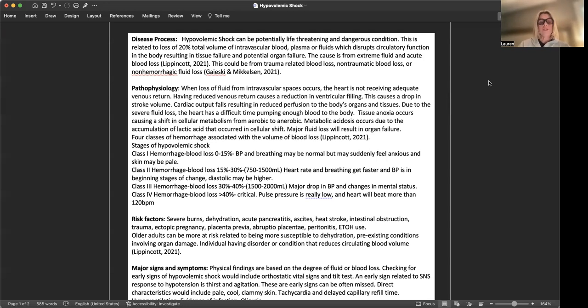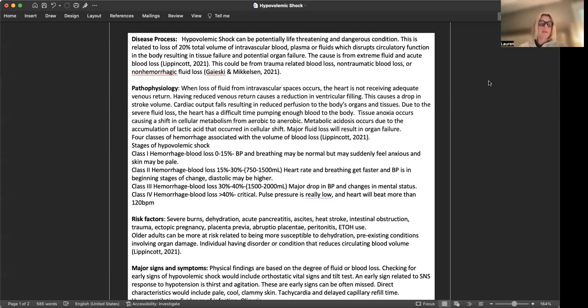The pathophysiology: when loss of fluid from the intravascular spaces occurs, the heart is not receiving adequate venous return. So basically, the intravascular system is the space that contains the volume of blood in a person's circulatory system. Therefore, there's a decrease in the volume of blood in the person's circulatory system.